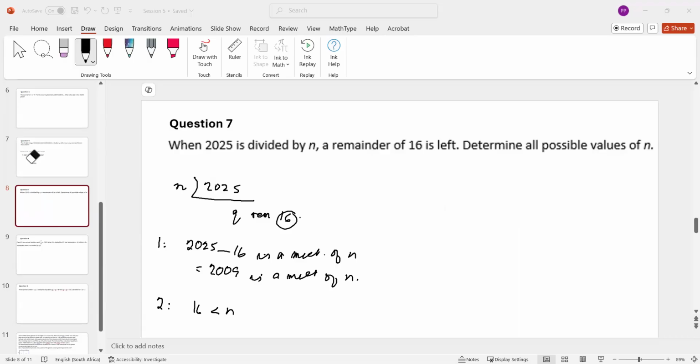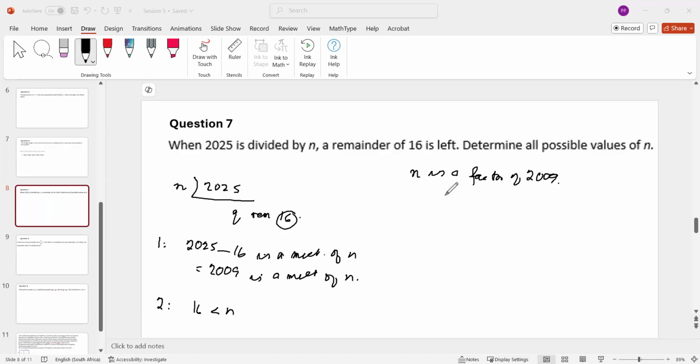See, the words factor, multiple, divisible, you have to get a good feeling of what these things mean. Right? So it's a multiple of n, or n is a factor of 2009. So you need to write down all the factors of 2009.